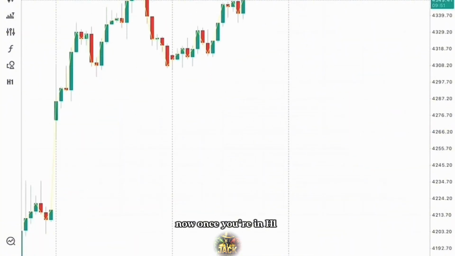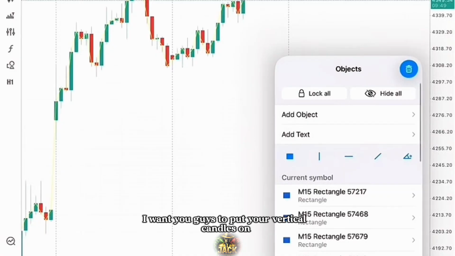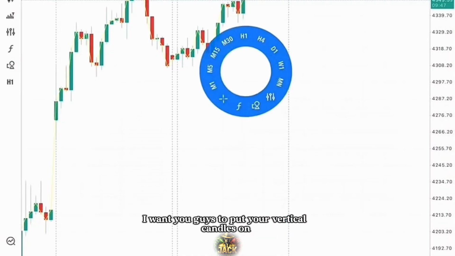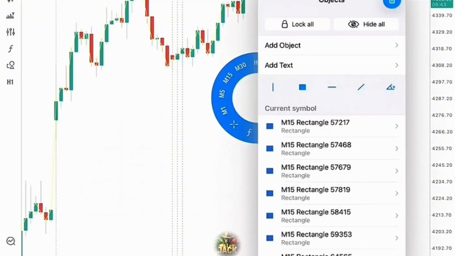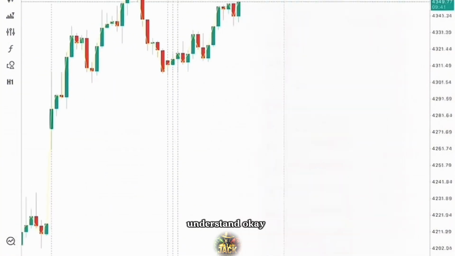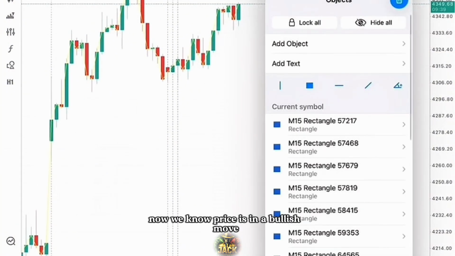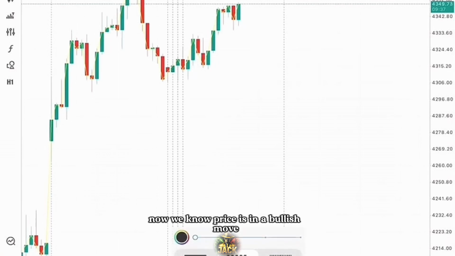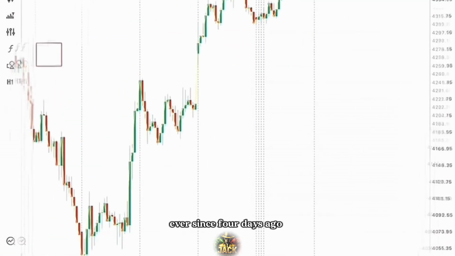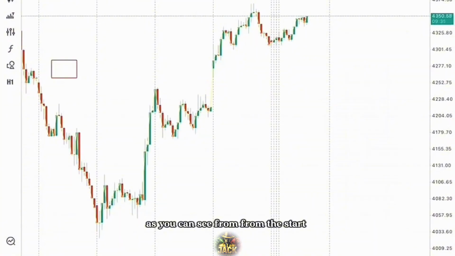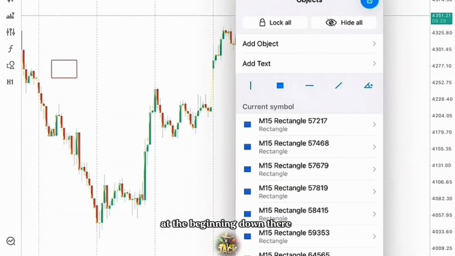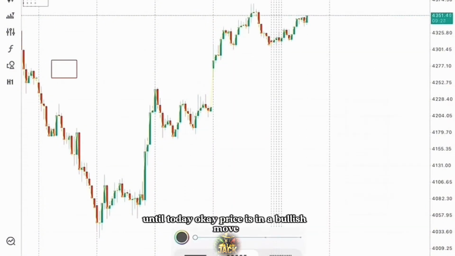Now, once you're in H1, I want you guys to put your vertical candles on each and every one of the candle. Understand? Okay. Now we know price is in a bullish move ever since 4 days ago. As you can see from the start at the beginning down there until today.